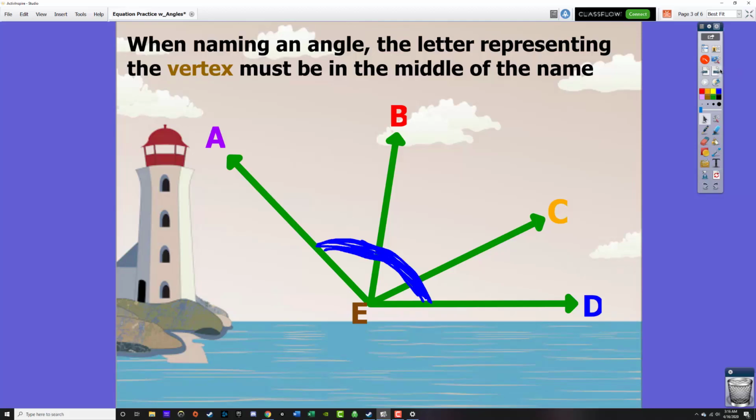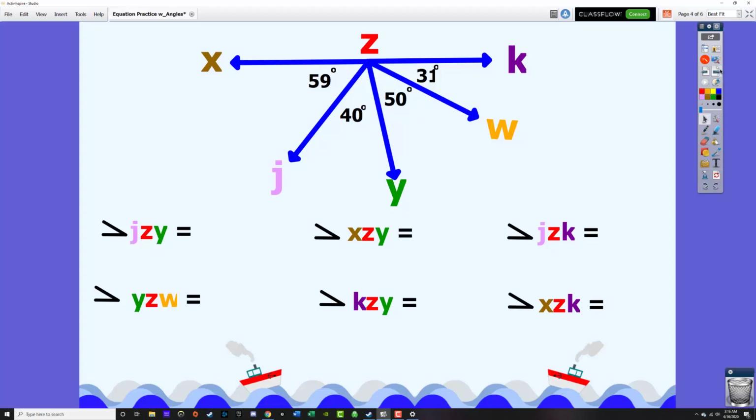Okay, so we're going to practice a little bit with identifying angle measurements. We'll start right here. Angle JZY is equal to how many degrees?